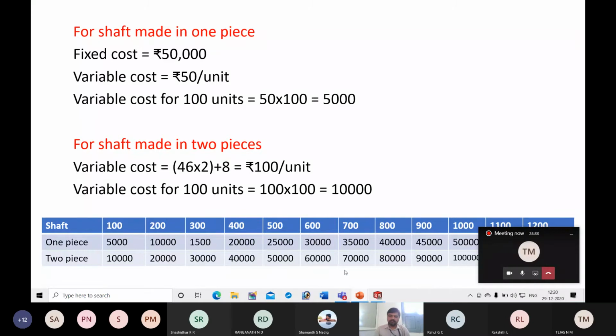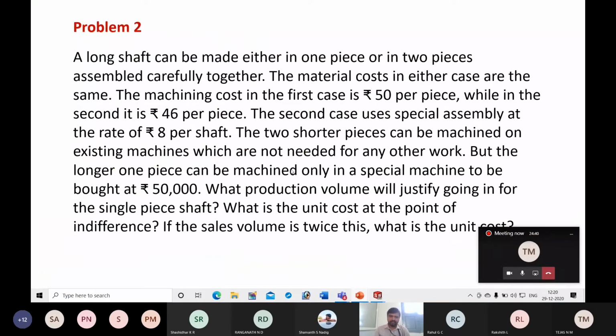Next, in the question they have asked: what production volume will justify going in for the single piece shaft? What is the unit cost at the point of indifference? In the previous class we discussed the point of indifference. That means if there are two options and both options cost the same, that is the point of indifference.